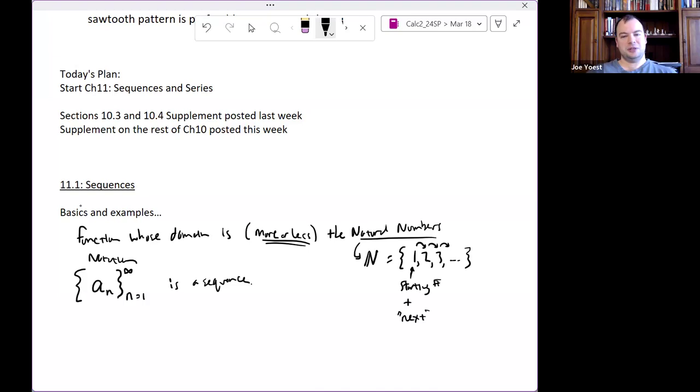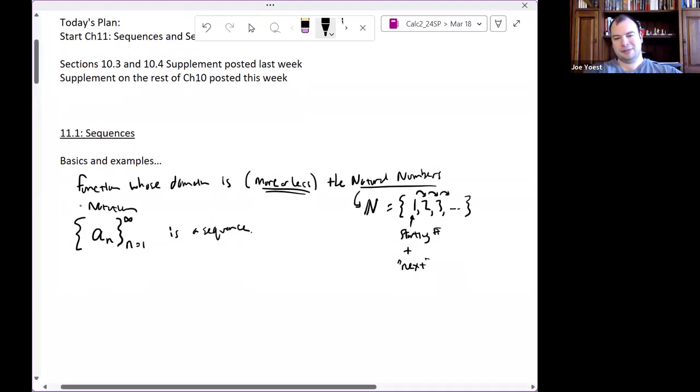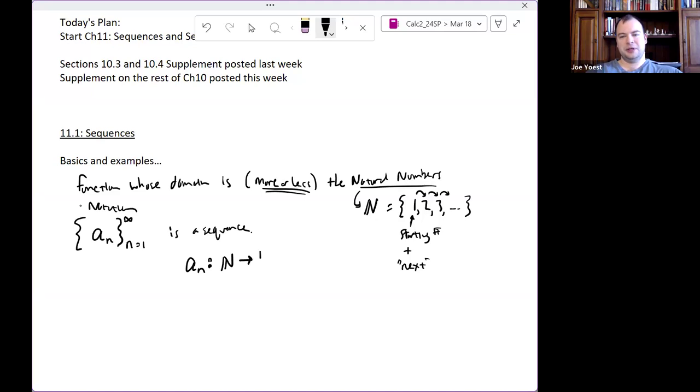So we could say that this is a sequence. Here a_n takes this domain, the natural numbers, and its range is the real numbers. It does not have to have natural numbers as its output. It can have any real number as the output.